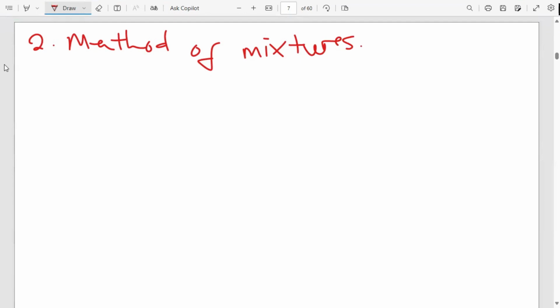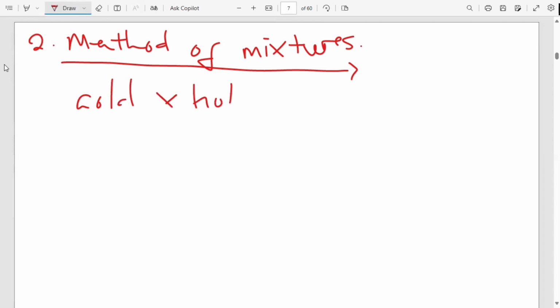The principle used under this method is that when you mix two substances, where one substance is cold and another substance is hot, the hot body is going to lose heat to the cold substance, whilst at the same time the cold substance is simultaneously gaining heat from the hot substance until you reach an equilibrium temperature.